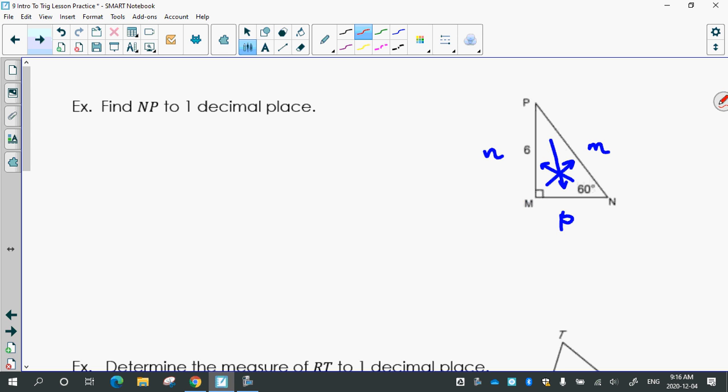So they really want us to find little m. And we're going to label our sides opposite, hypotenuse, and adjacent according to the 60 degrees, because that's the acute angle they give us. So according to the 60 degrees, this n is the opposite side. Hypotenuse is what they want us to find. We know the opposite. We want to find the hypotenuse, so we cross off adjacent. Okay. And then we use the sine formula.